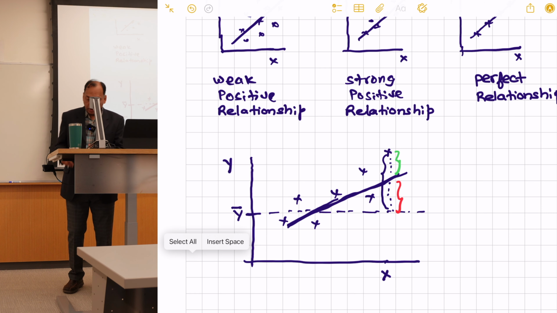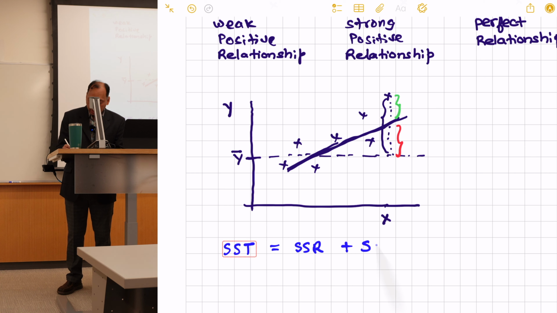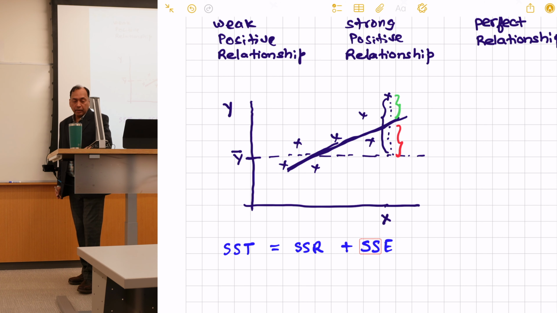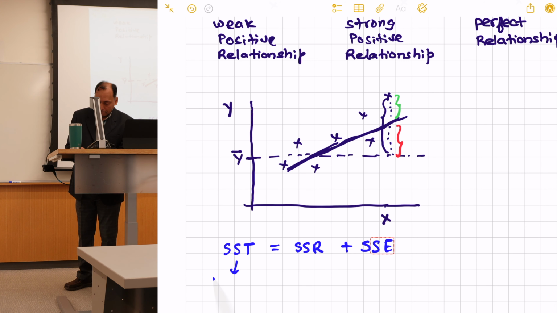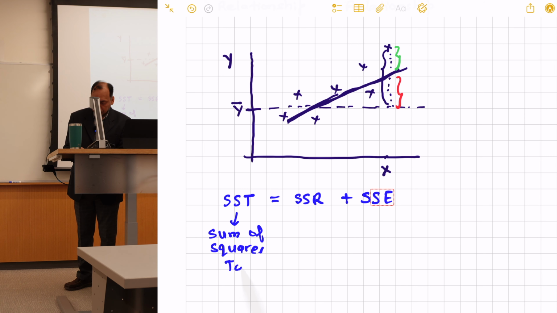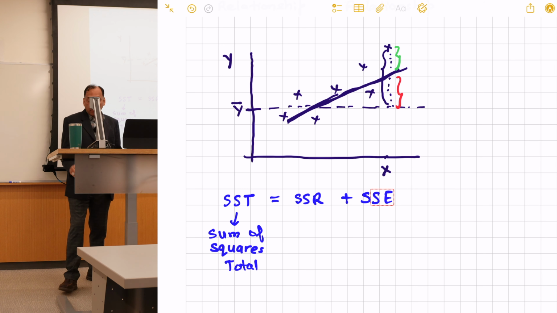So we capture the total variability using SST, and then there is one part which is SSR and other one is SSE. So total variability, SST means sum of squares total, which means total variability in the data.